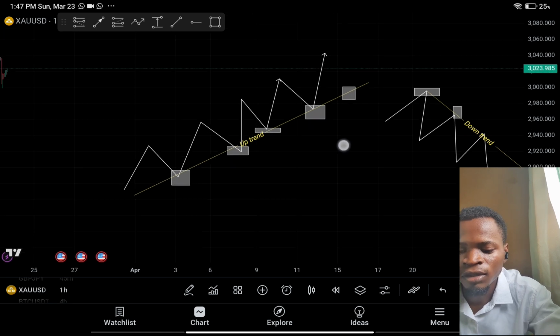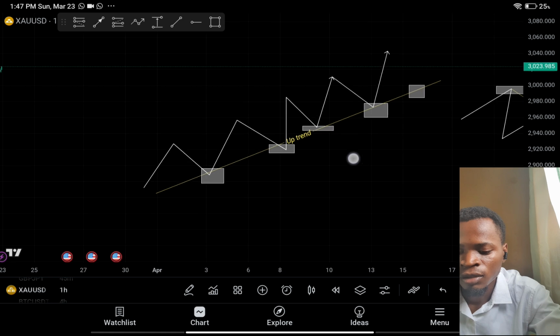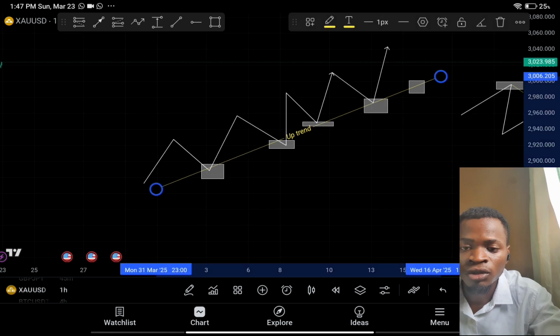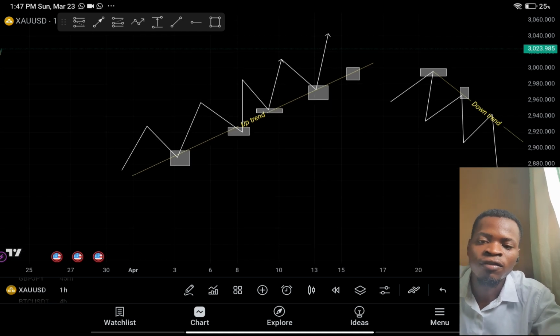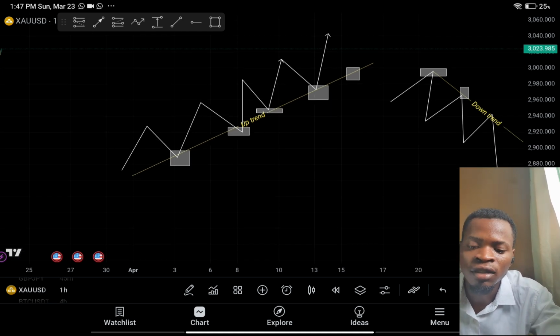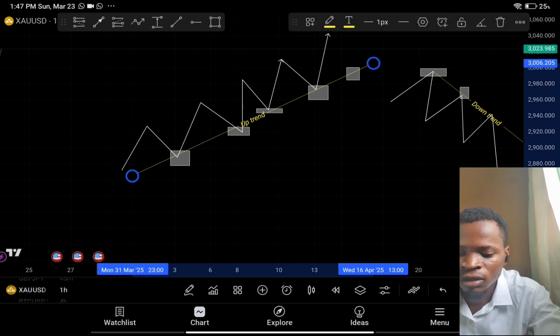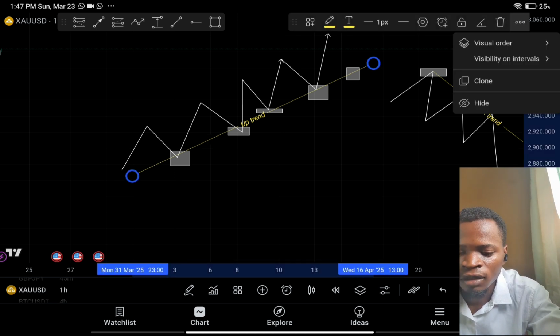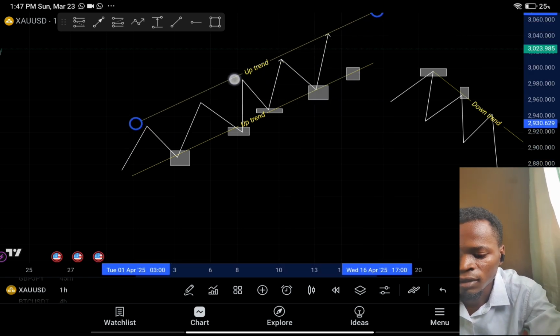So first of all, let me tell you why you can have multiple trend lines in your market. You also need to know that in every support trend line there is a resistance trend line, and in every resistance trend line you can also have a support trend line. You see, this is your resistance trend line here, and this is the support trend line up here like this.